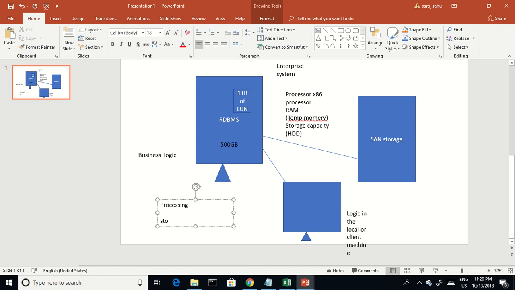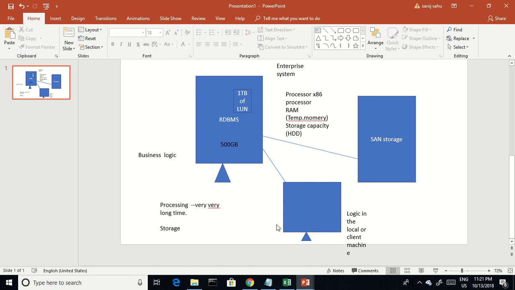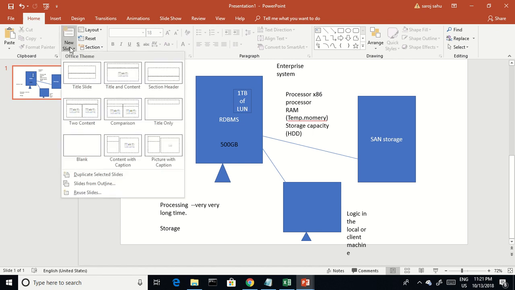Storage is a problem, and processing takes a very long time. So this can be mitigated by Hadoop technology.